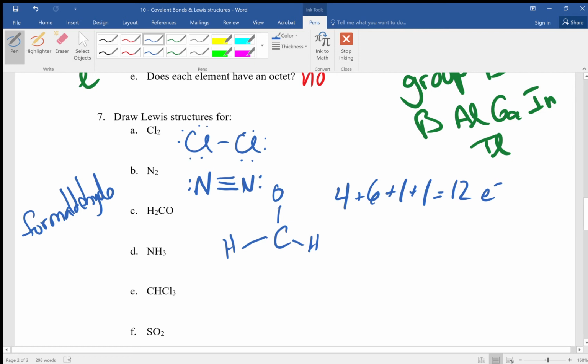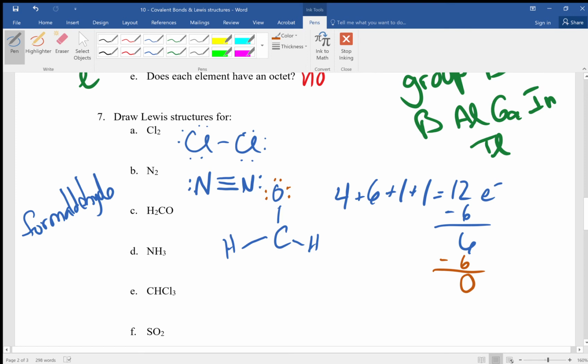And we can draw single bonds to each of the other atoms. So we've used 6 electrons, we have 6 left over. So we can put those 6 on oxygen. We've used the remaining 6, and all of them are gone.